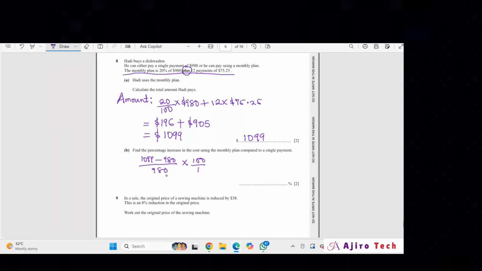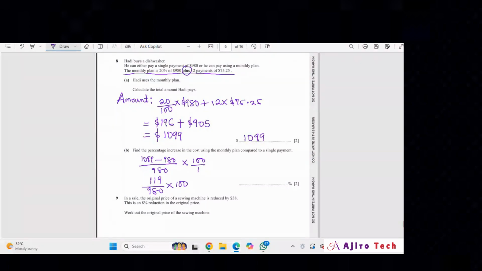Simple. So from here, let's use our calculator. If you do 1099 minus 980, you're going to have 119. So we're going to have that divided by 980 times 100.